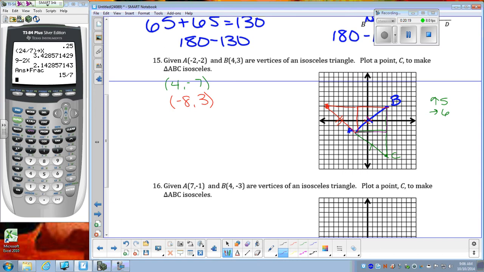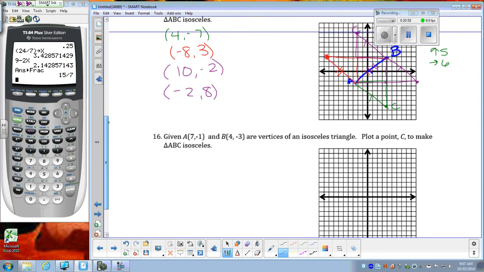So instead of going left 6, I could go right 6 to have point C over here. And that point would be 10, -2. And then for my last triangle, I could go over 6 and then up 5 to have that be my point C, in which case this point would be -2, 8. There are my 4 different points. I just keep one, I pick my vertex angle, I pick one distance to be the same, and I do the opposite thing in the other for the other one.